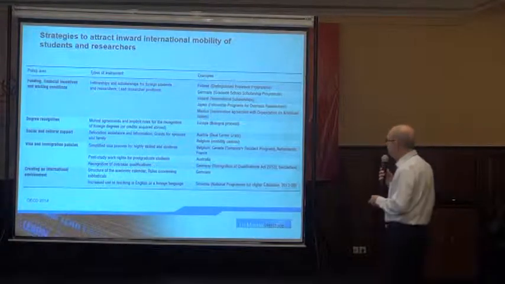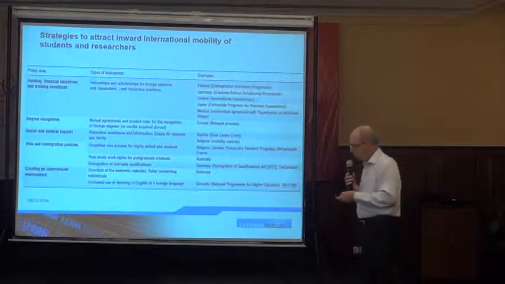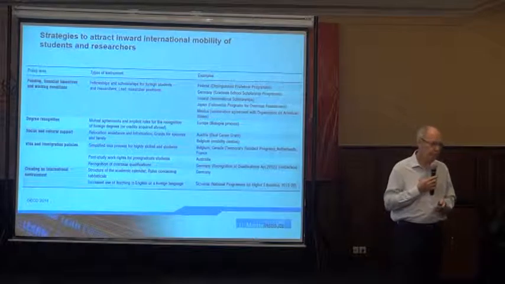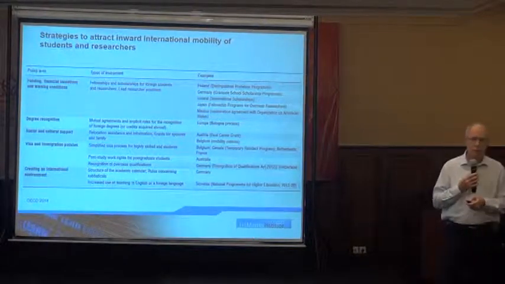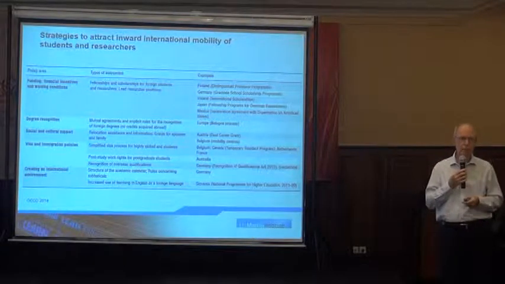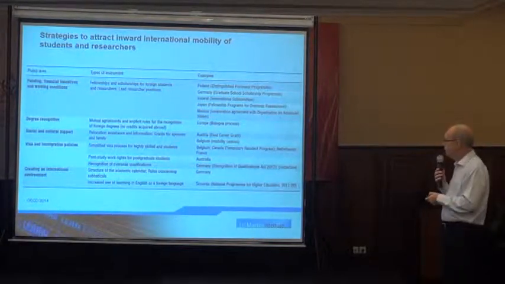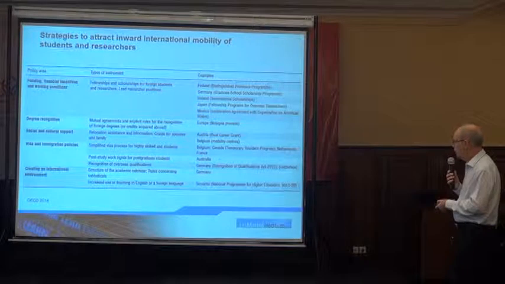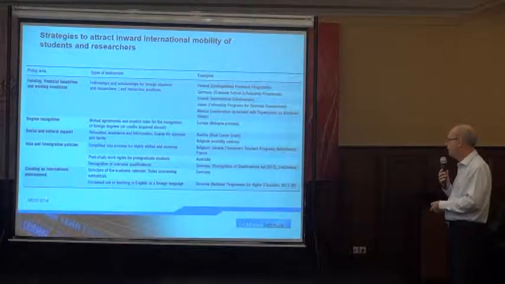Now, in terms of what can government do to improve your research performance, this is where we start to see what government can do to influence an institution's performance. There are a few examples that I found listed in the OECD in 2014.